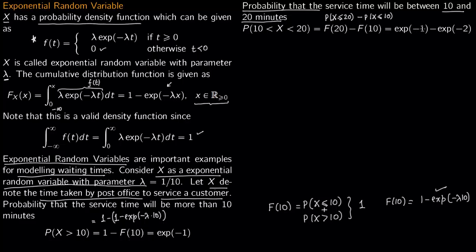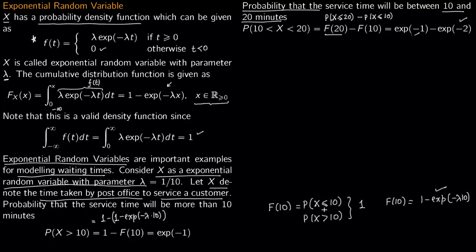Now you can compute f of 20. You put 20 here, and lambda is 1 by 10, so you get minus exponential of minus 2. So f of 20 comes right here and f of 10 comes right here, and then 1 and 1 cancel out.